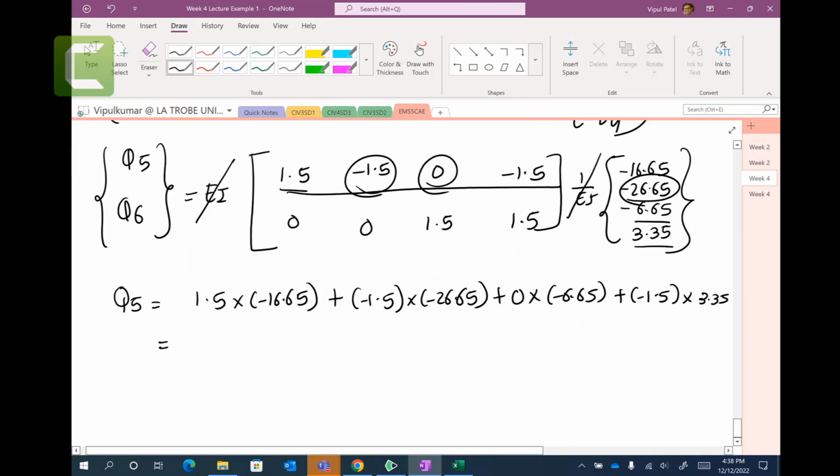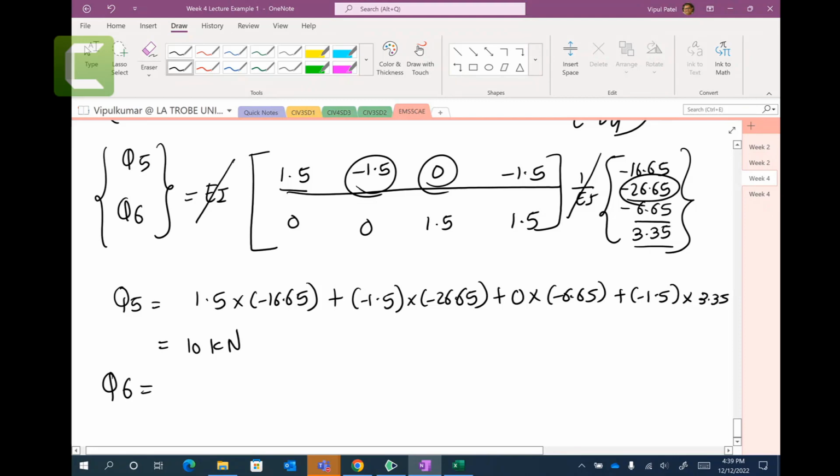So if I solve this one, I would get 1.5 times minus 16.65, plus minus 1.5 times 26.65, plus minus 1.5 times 3.35. You get 10 kilonewtons.